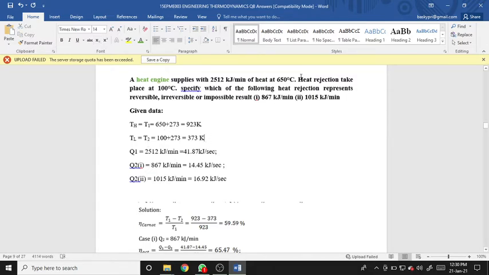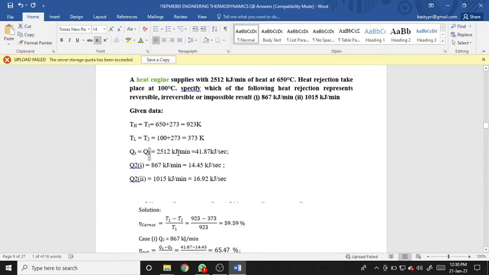Next, the amount of heat supplied, 2512 kilojoule per minute, is given. That means Qs is equal to Q1, both have the same meaning. So Q suffix S or Q1 is nothing but 2512 kilojoule per minute.